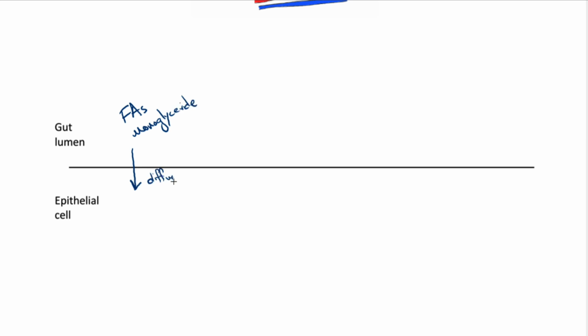Now, the fatty acids and the monoglycerides are formed by the breakdown of triglycerides, and then they cross the cell membrane by diffusion. Now, they actually get reassembled into particles called chylomicrons. Chylomicrons are a packaging of these lipids together with some proteins, and then they get carried away in the lacteals.